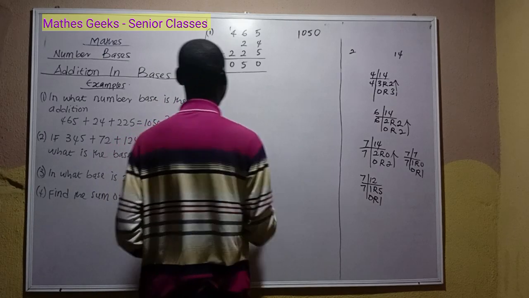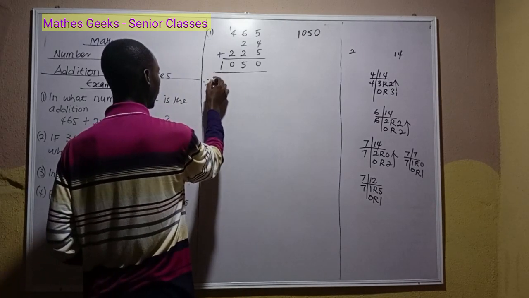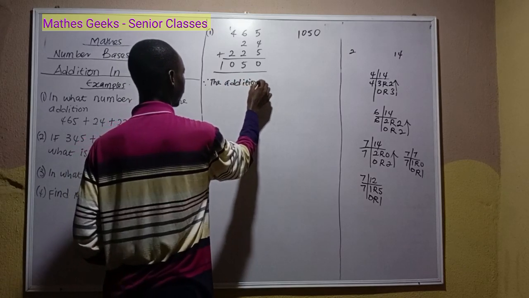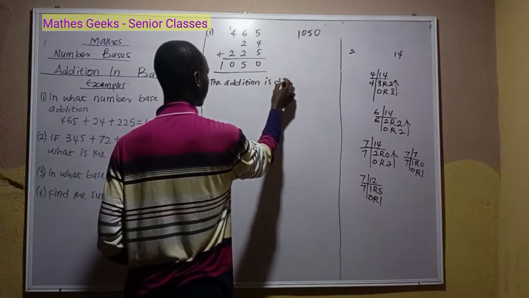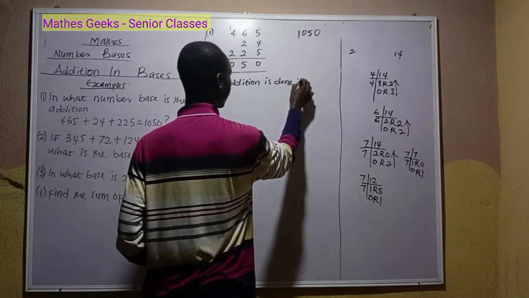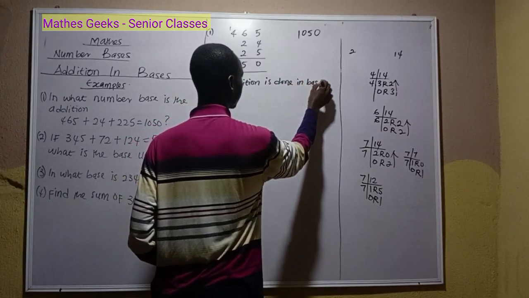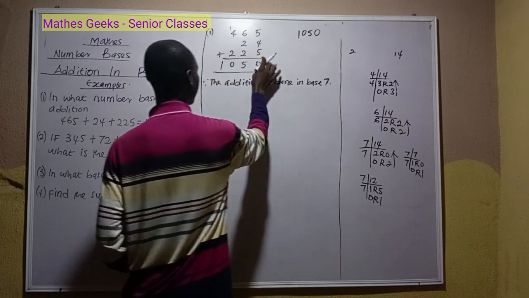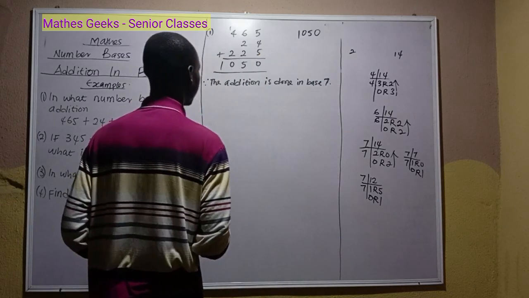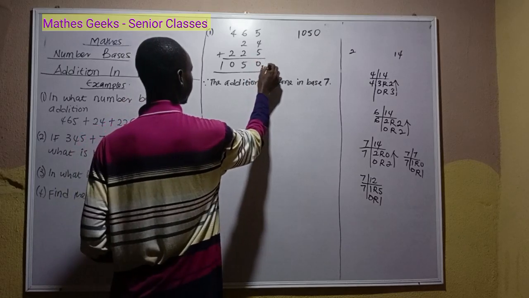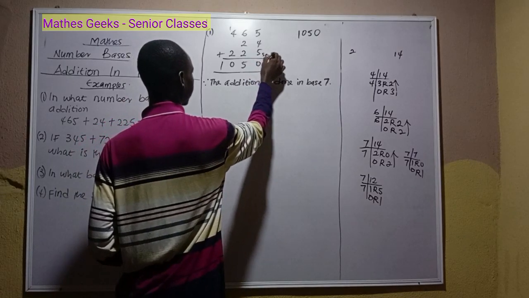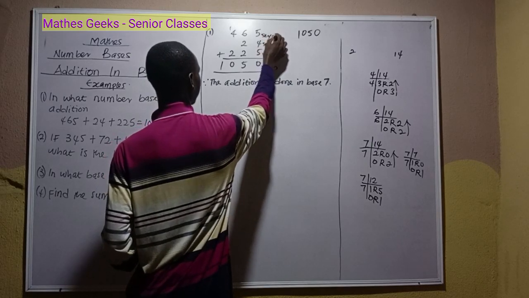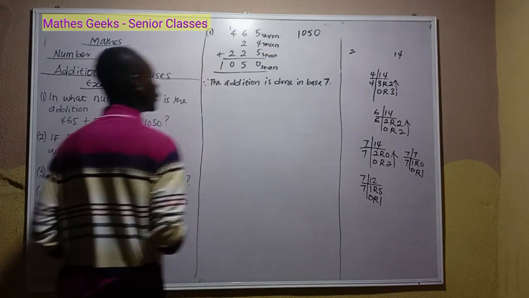So this shows that the addition was done in base 7. That's your answer. So this is 1050 in base 7, and this is base 7, this is base 7, and this is also base 7. So this is the answer.